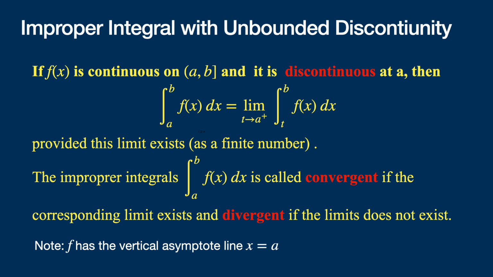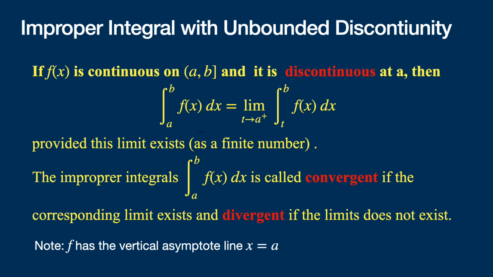Simply say f(x) has a vertical asymptote at x equals a. We cannot integrate from a to b of f(x) dx, so we cannot apply the first fundamental theorem for this definite integral. So we have to define a limit there.